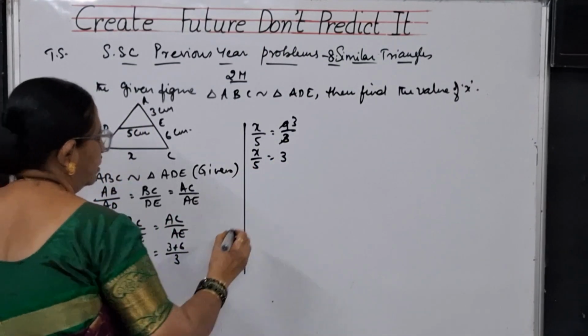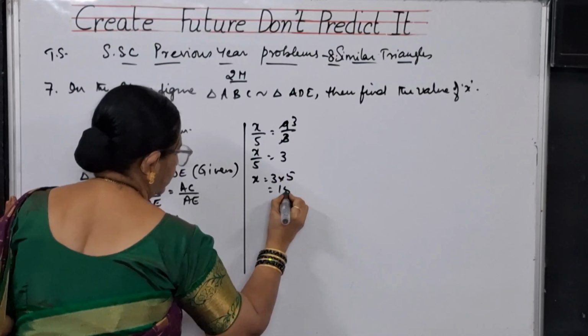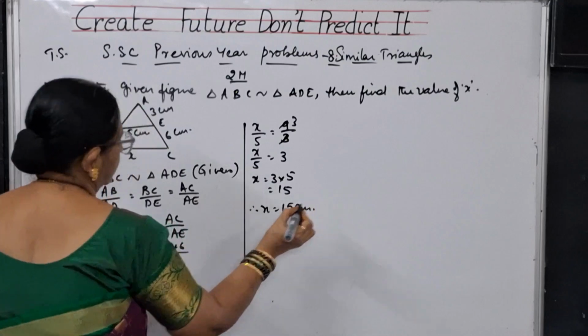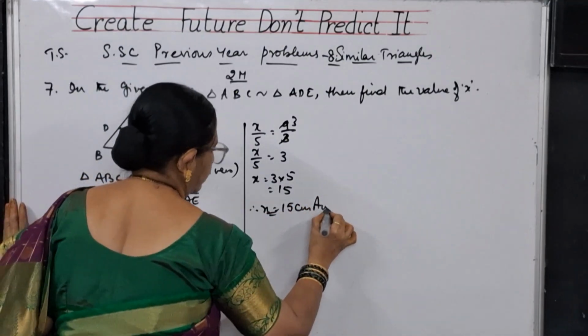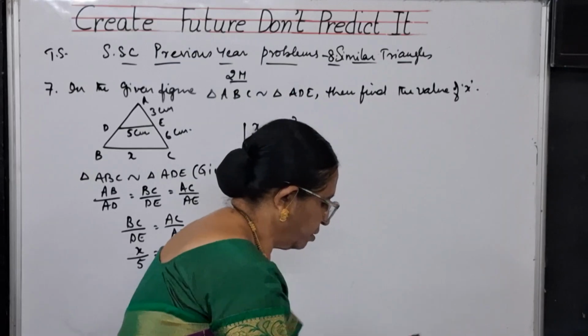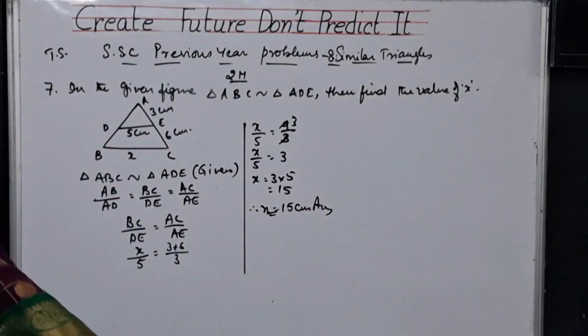So, what is x? 3 into 5, that is 15. Therefore, x is equal to 15 centimeters is the answer. So, please copy this, children. This is 7th problem.